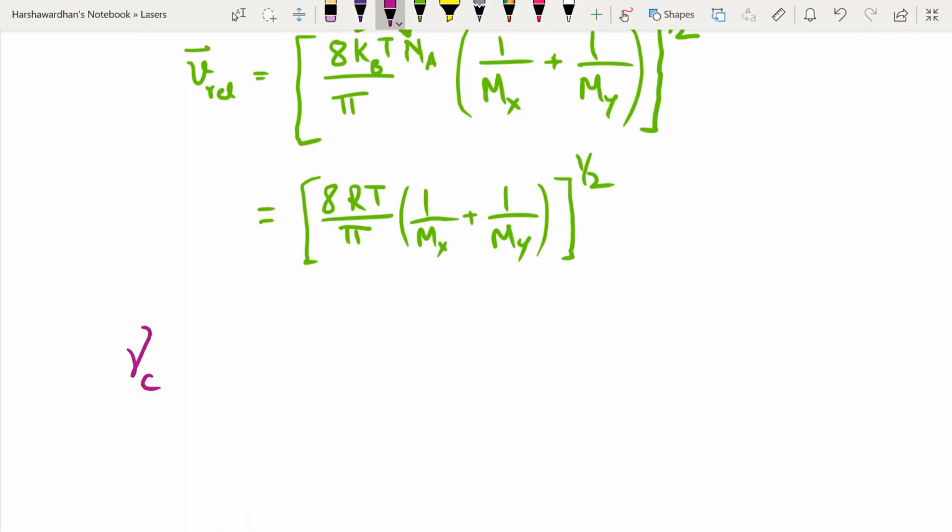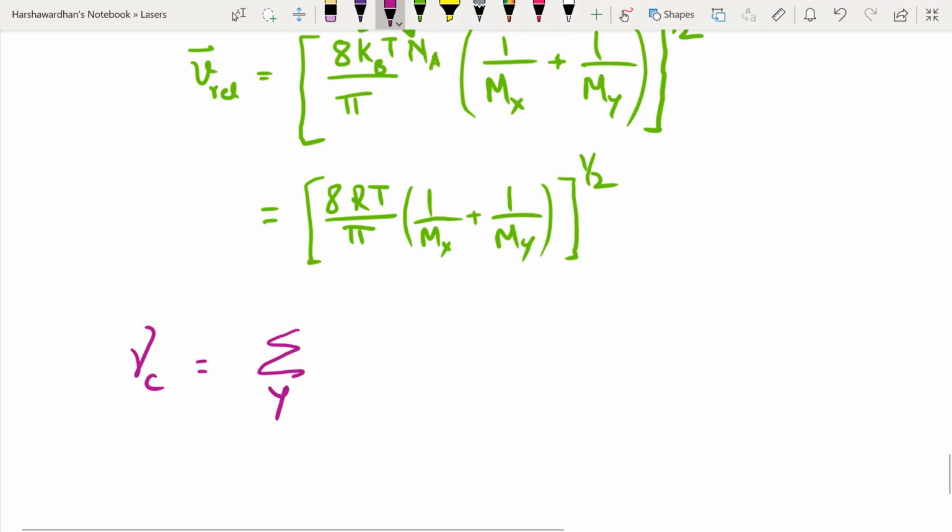So gamma c is going to be given as a sum over all the species that are colliding with my particular atom. Ny is the number density of the species of atoms y which are colliding with my atom, which is the stationary atom x.